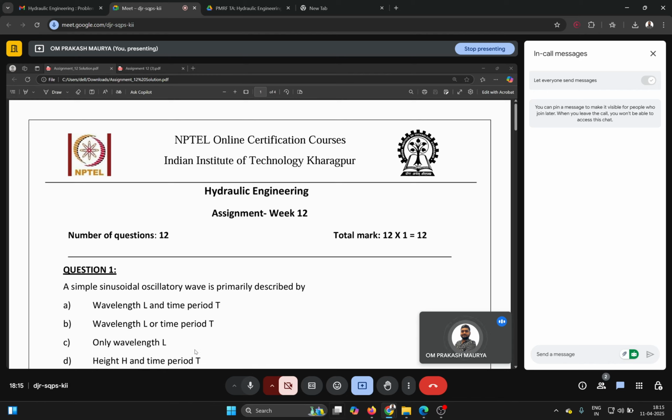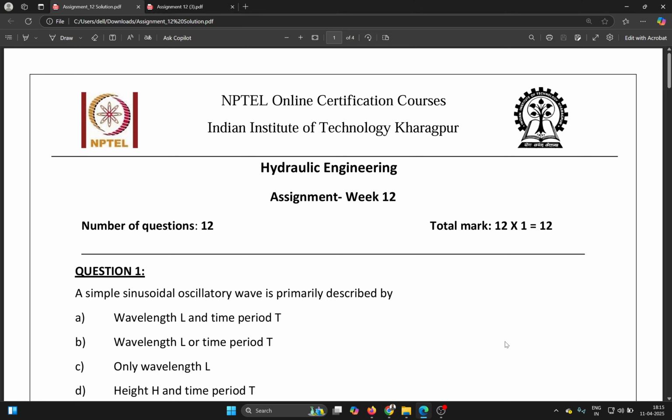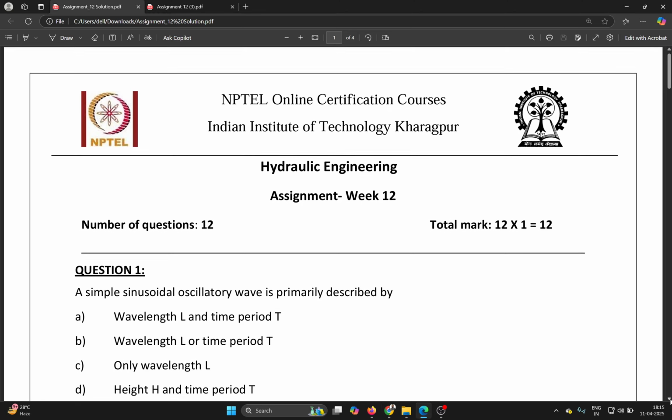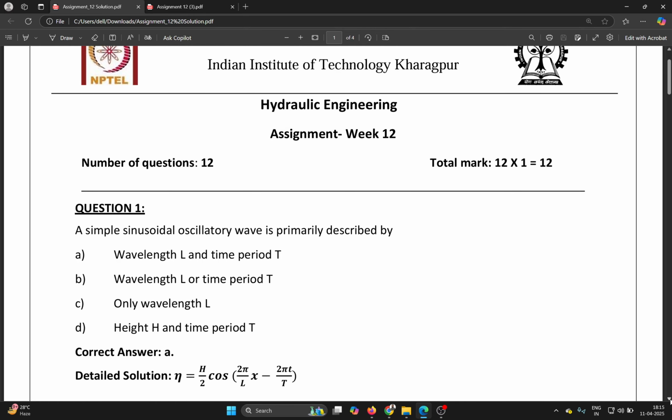Okay, let me show you the answer for question number 1. Here you can see the equation. You have to record your wavelength as well as the time period.